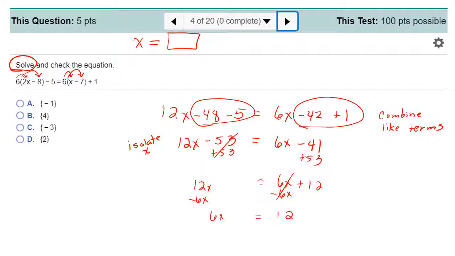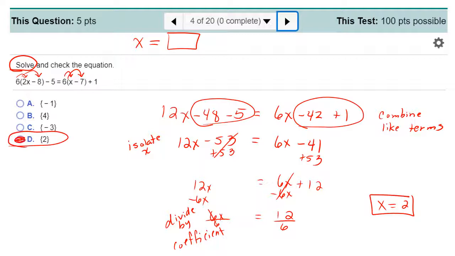So I now have the x on one side. The last step is to divide by the coefficient. The coefficient is going to be 6 here. Divide both sides by 6. Solution would be x equals 2. That does verify as one of the answers.